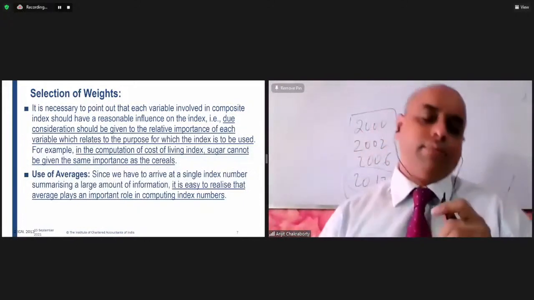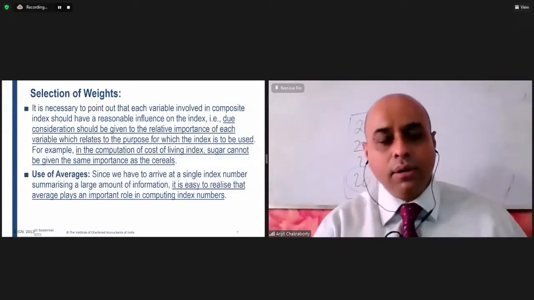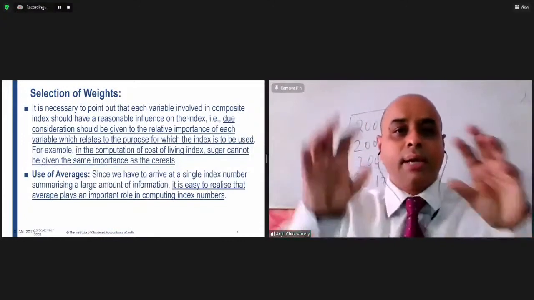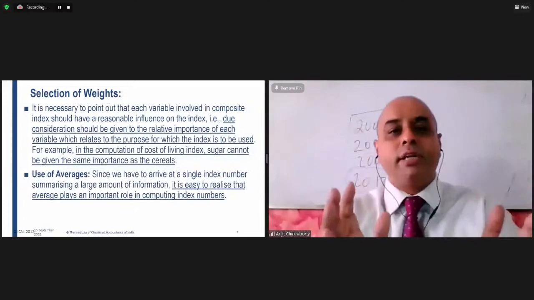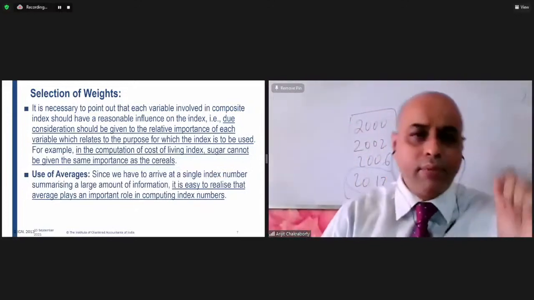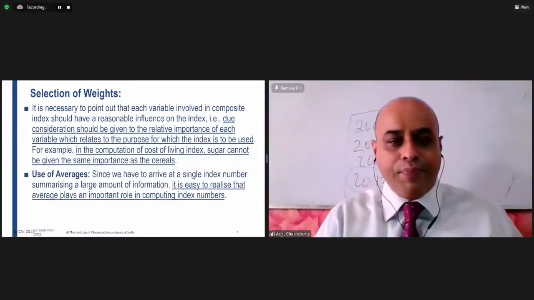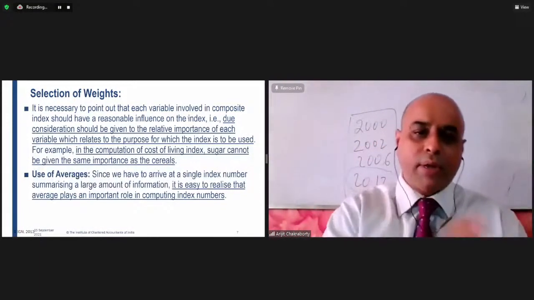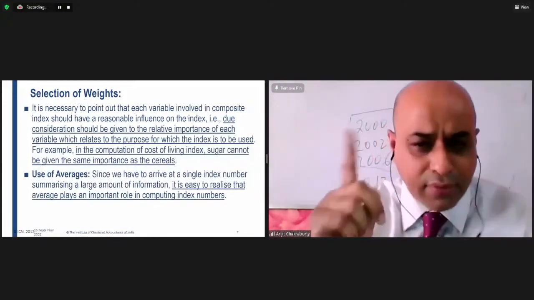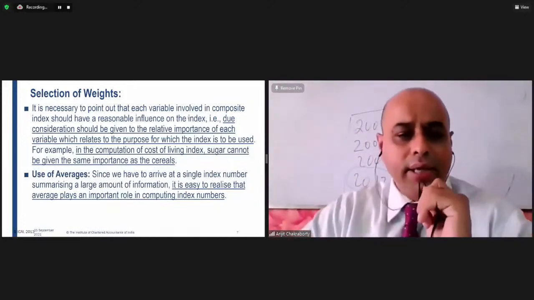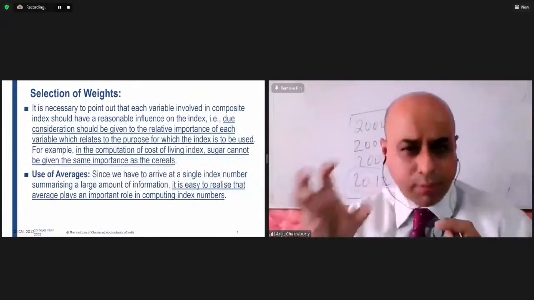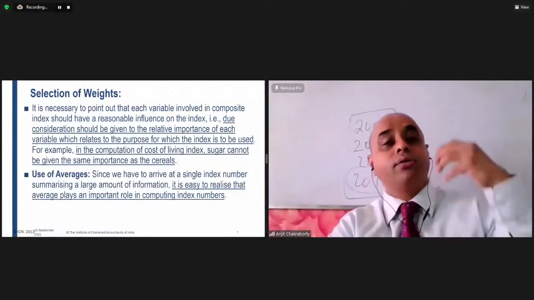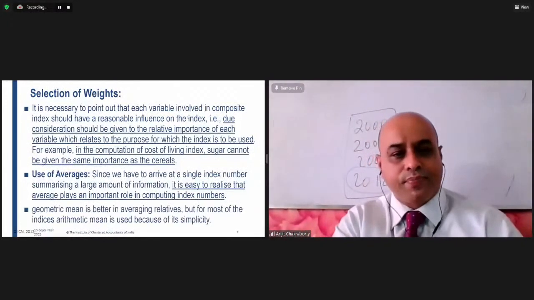And if you kindly remember, you will recall that there also we had discussed about arithmetic mean. For example, inserting 4 or 5 arithmetic means between two numbers. And the same we did for geometric mean. So the use of average is equally important both in mathematics and statistics. And therefore, it is easy to realize that average, the concept of average, will play a very important role when we are trying to calculate index numbers.